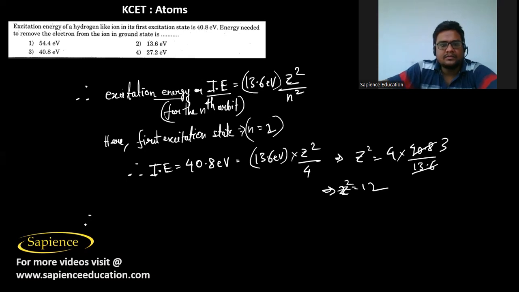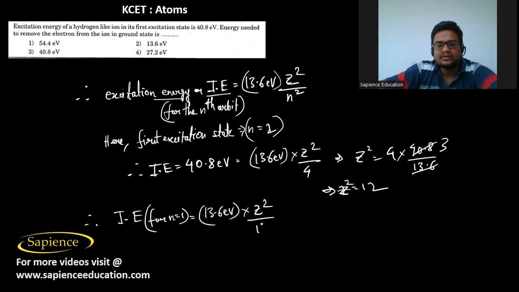Now, we need the energy needed to remove the electron from the ion in the ground state. So therefore, the ionization energy for n equal to 1, we have to find for this hydrogen-like ion. That will be equal to 13.6 electron volt into Z square by 1 square.